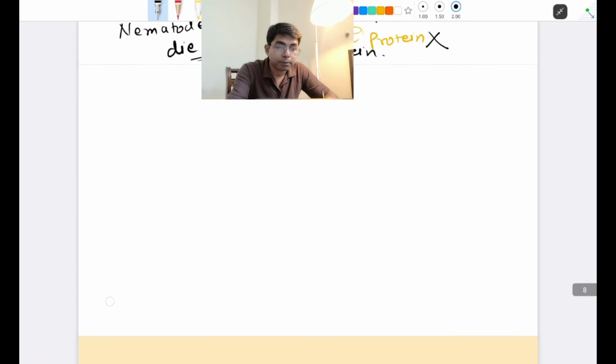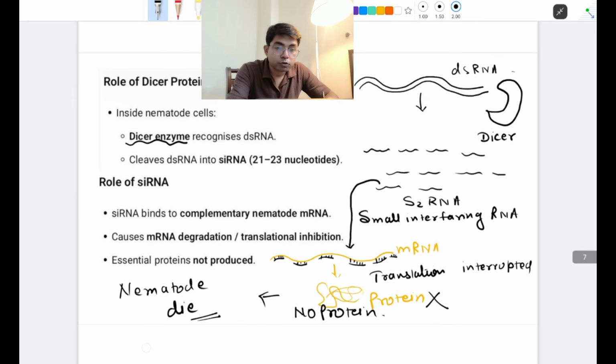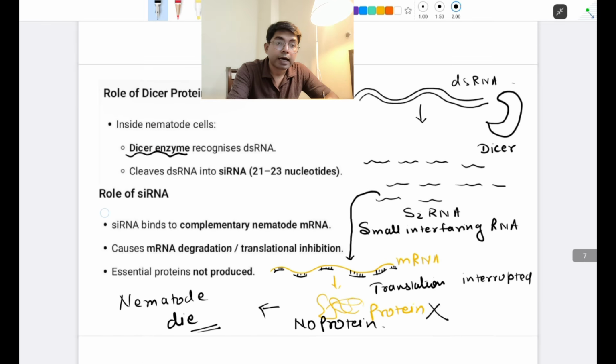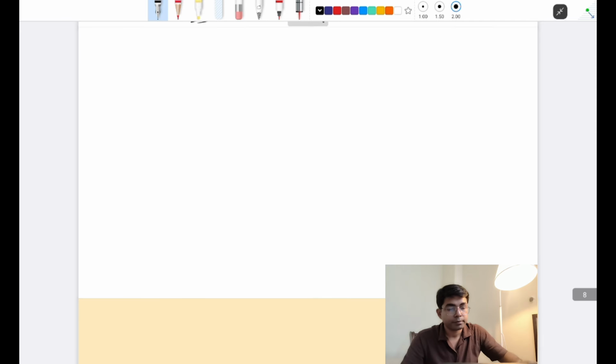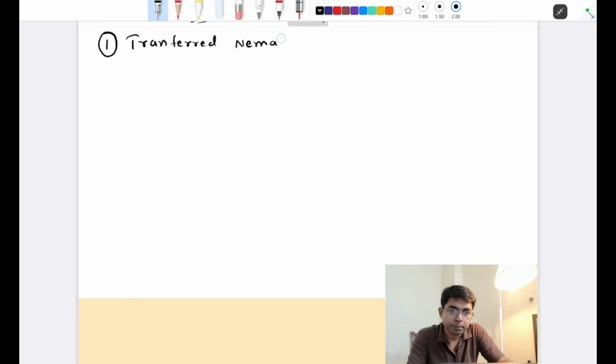So in this way we have killed the nematode. What was our purpose? Our purpose was to kill the nematode, and this is how we have actually killed it. If we see it step by step, first we transferred the nematode-specific gene into the plant cell.